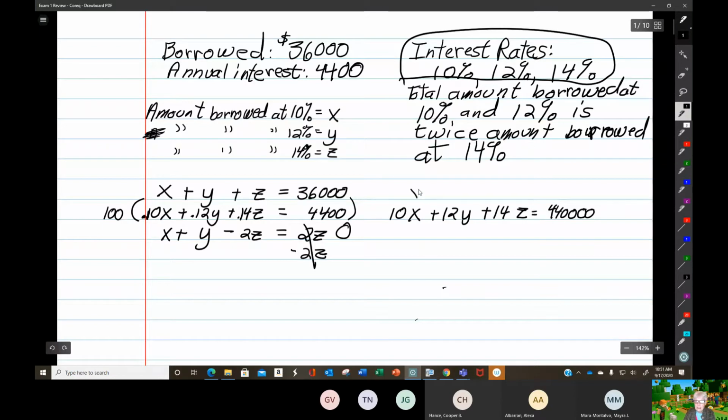Meanwhile, 1x plus 1y plus 1z equals 36,000.